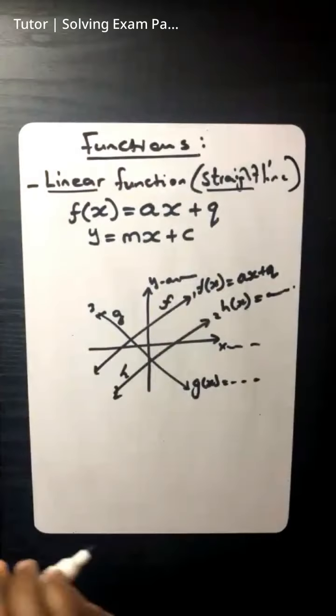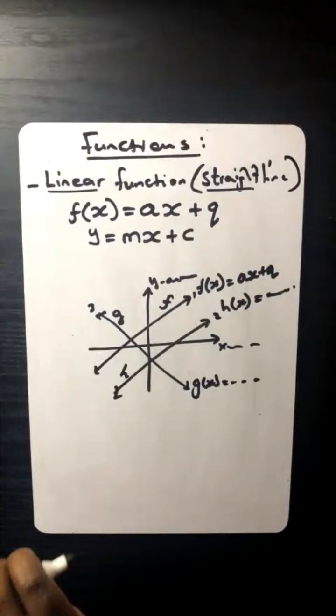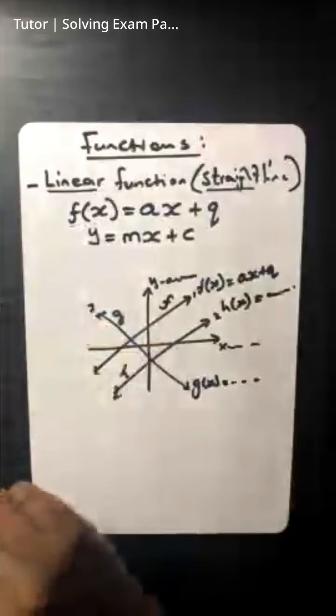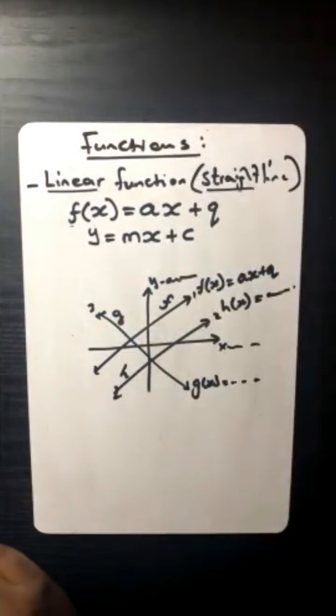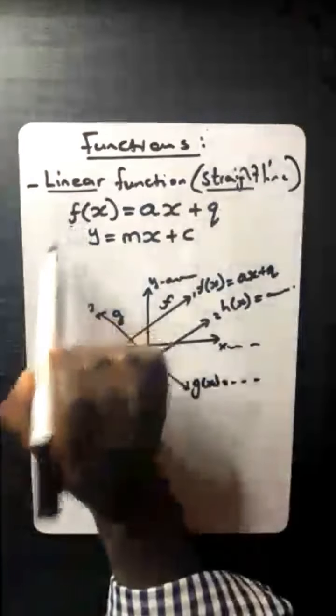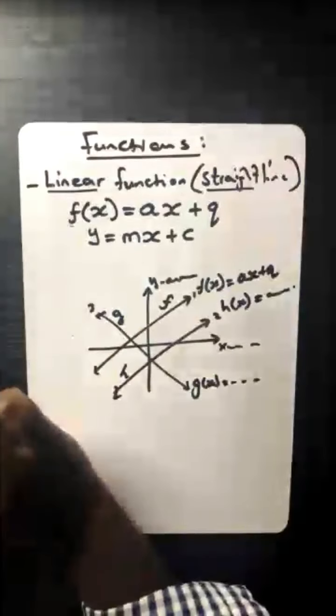Do not confuse those. What I was explaining here is for you to understand why a graph may be called f of x, g of x, h of x, or whatever the name of the graph is. Remember, it could be any letter from A up to Z, but in most cases, they like using f of x, h of x, and g of x.